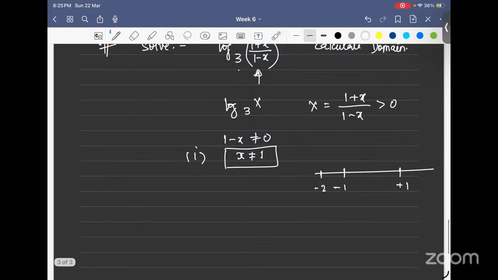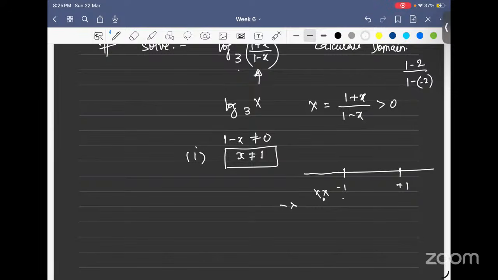We will get a negative value. So from minus infinity to -1, this will not come in our solution, because any value that is lesser than -1 doesn't satisfy.